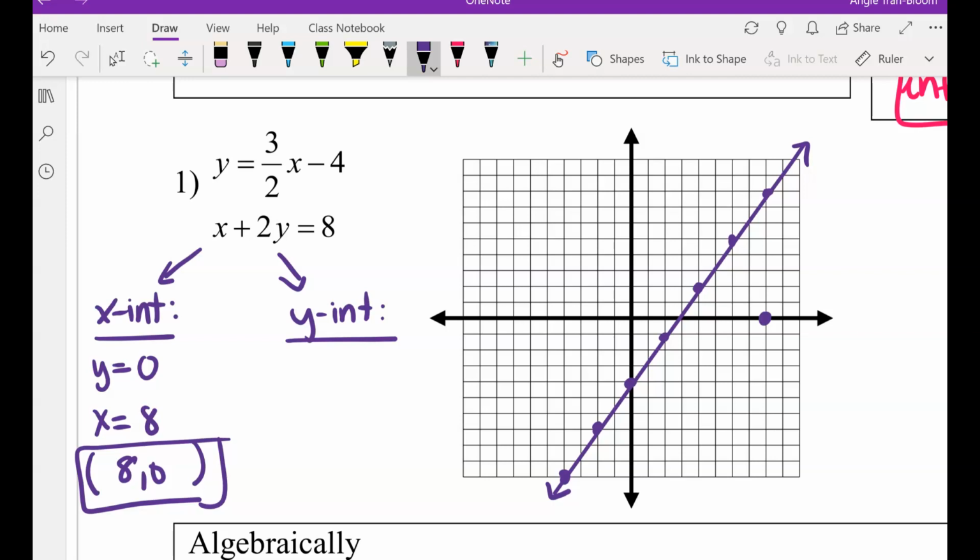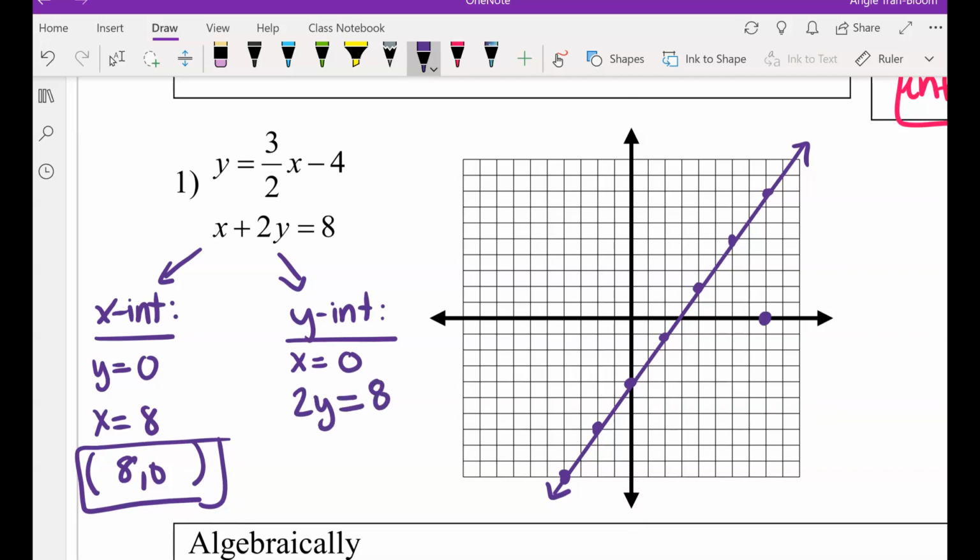Y-intercept is when x equals what, Devin G.? Perfect. Okay. That means what's left over, Jake, if x is 0? So what's left over for us? 2y equals 8. Good job.